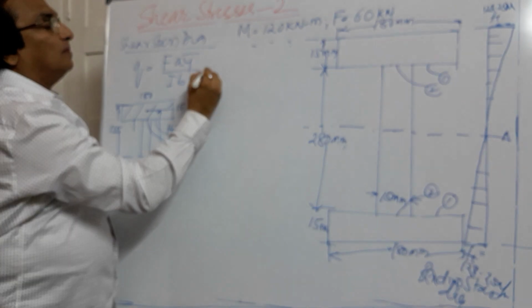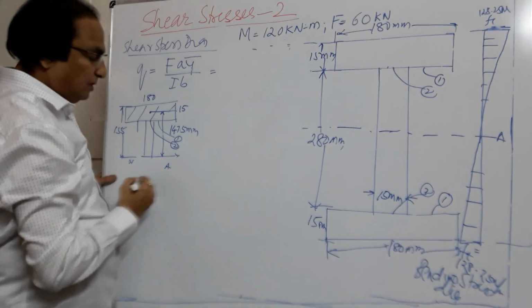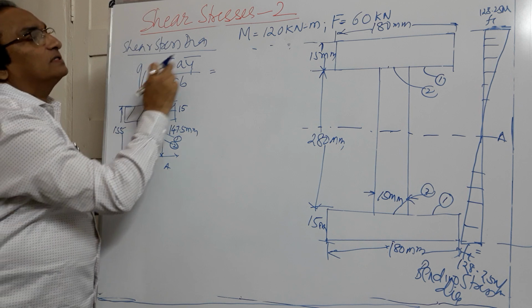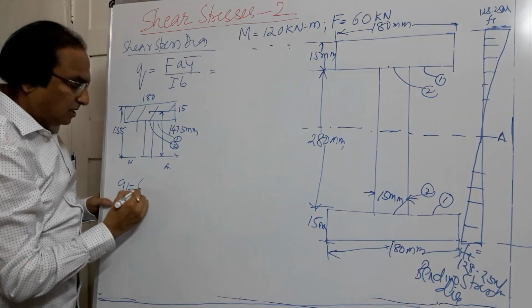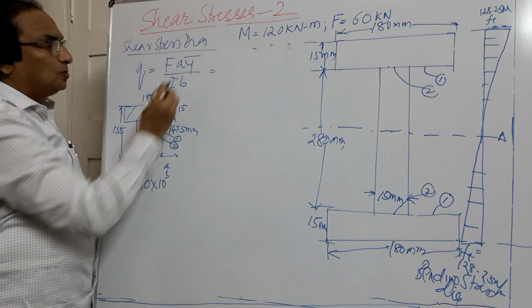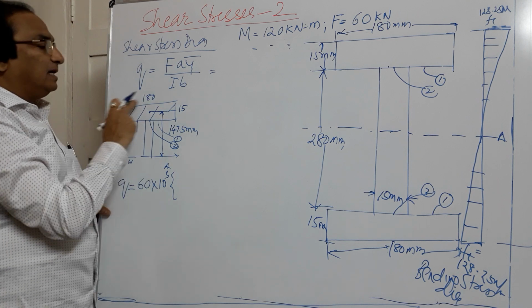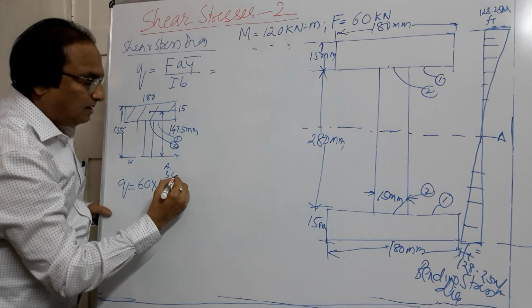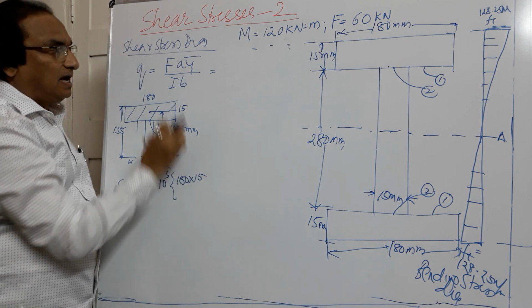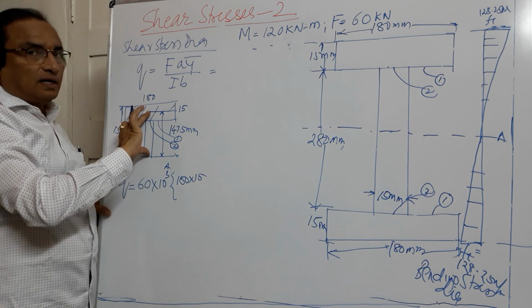So if I use this formula for the upper portion here, shear force is given by F. F is the shear force which is given as 60 kilonewton, convert it into Newton, into A y bar. A is this area, 180 by 15, and y bar is the distance of the centroid of the component from the neutral axis.